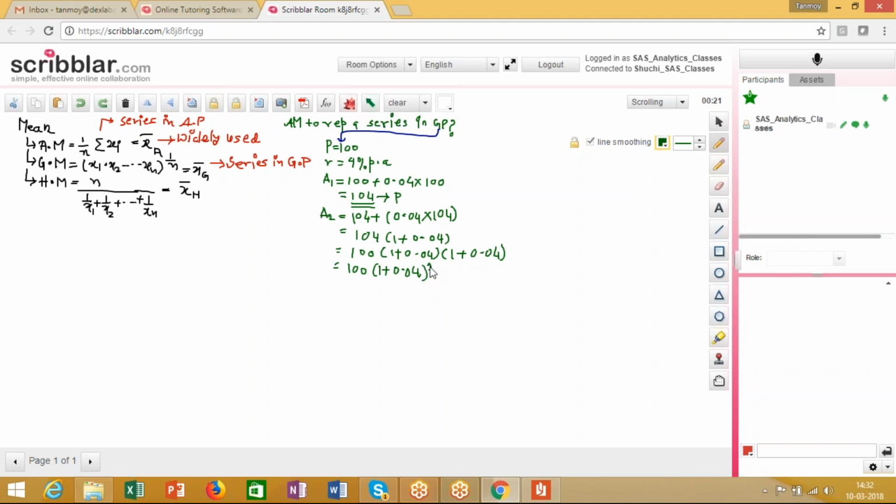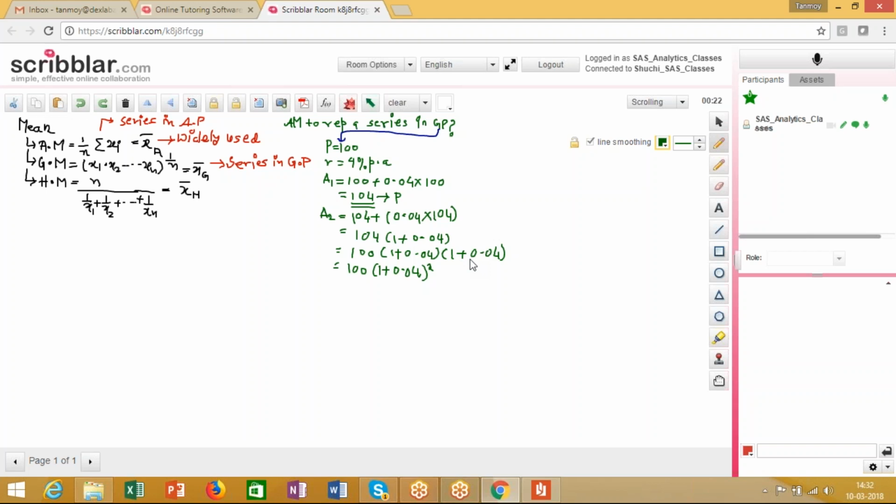So as the years go by, the amount is going to increase by a factor of 1.04, that is 1 plus r. So every year 1 plus r is getting multiplied to get the total amount.